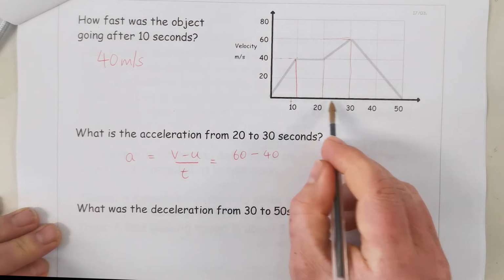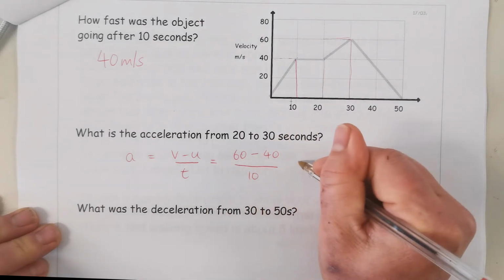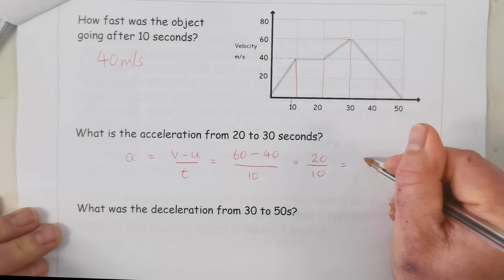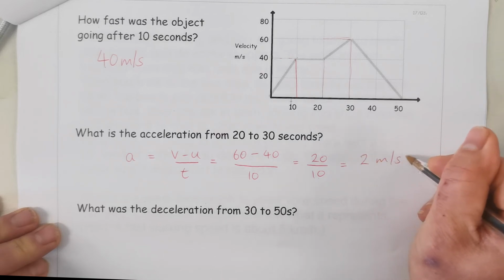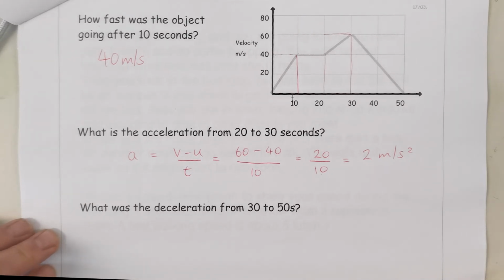And how long did this go on for? Well, it's actually 30 minus 20 seconds, so that's 10 seconds, which is 20 divided by 10, which is 2 meters per second squared.